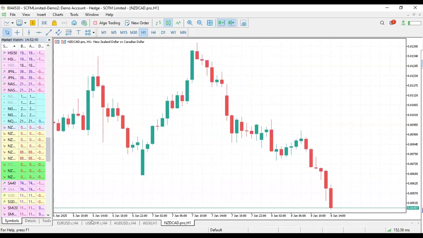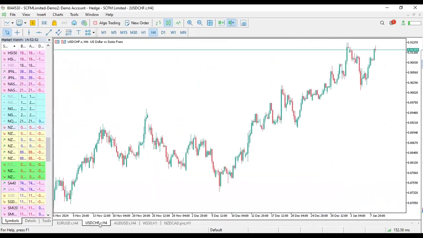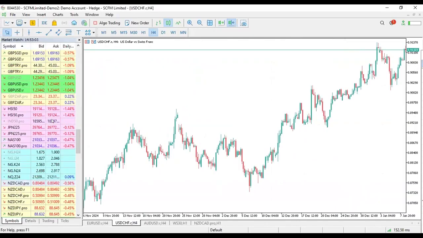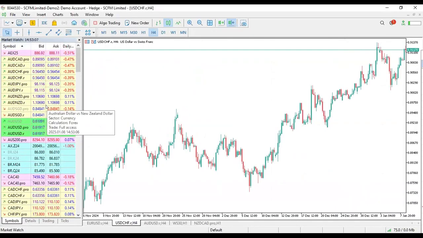On the x-axis, this is where you have your pairs lined up, what you've opened from the market watch, which is this one right here. Market watch is like our market where our products are. Let's say you're going to the market to buy tomatoes and potatoes, you're going to get them right here. So this is where you choose what you want to trade.